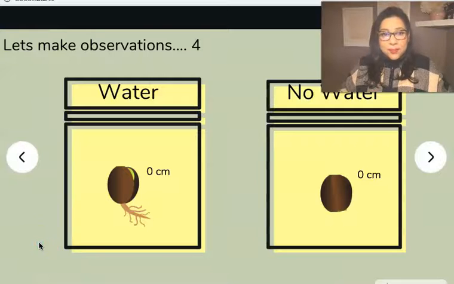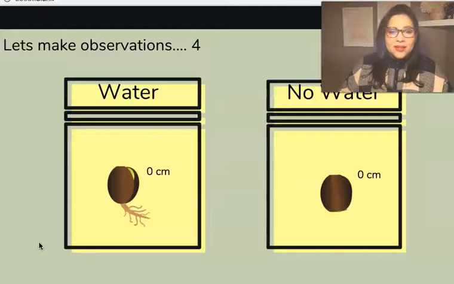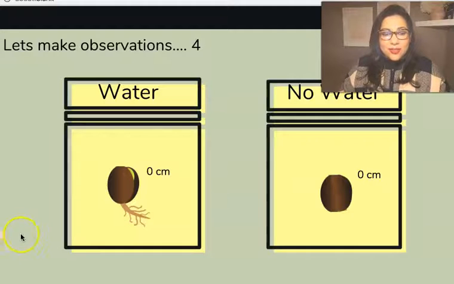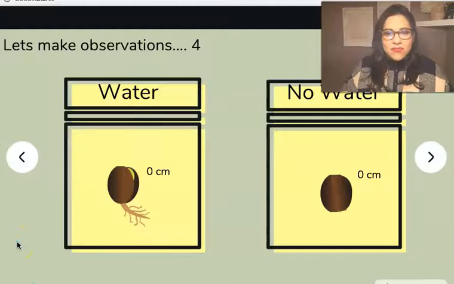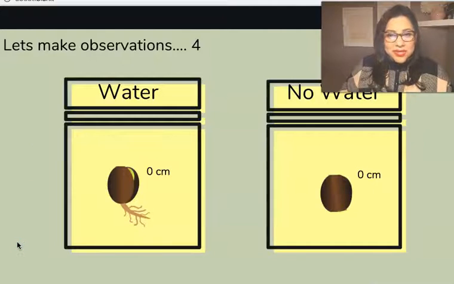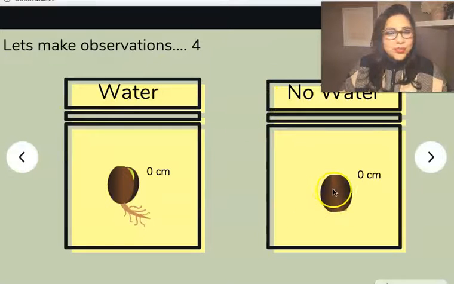So for example, for the fourth day, next to day, you will put the number 4. In the next column, you will gather data on the height of the lima bean that was placed inside the Ziploc with no water. And based on this visual, we can see that there was no growth.